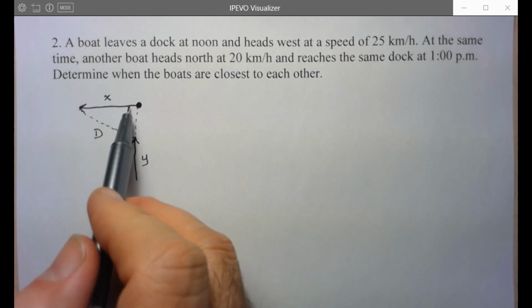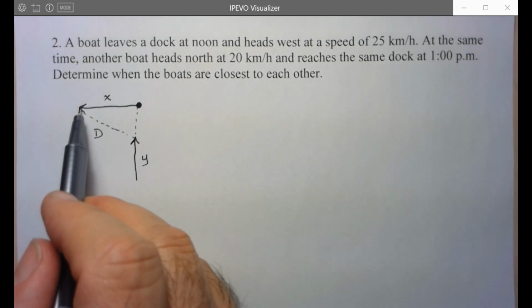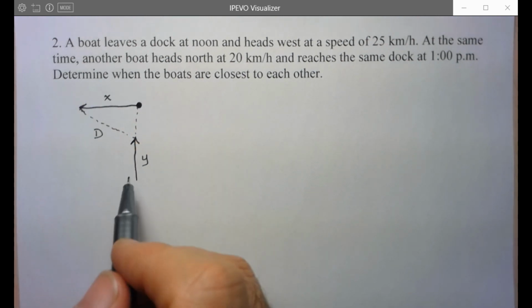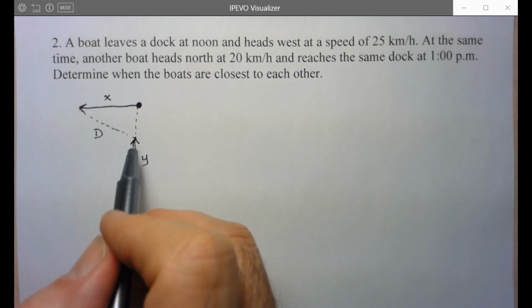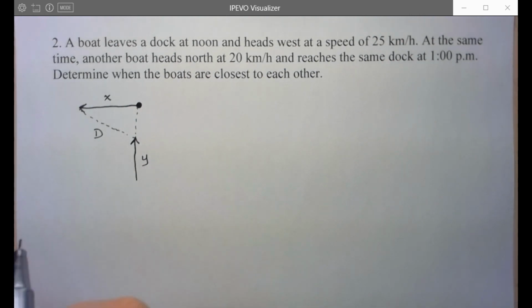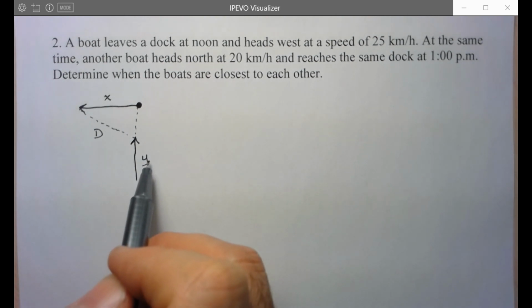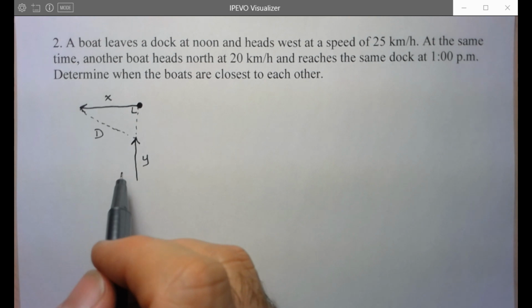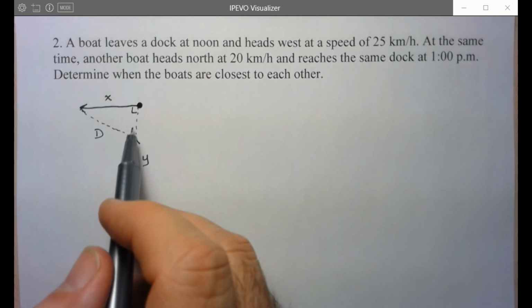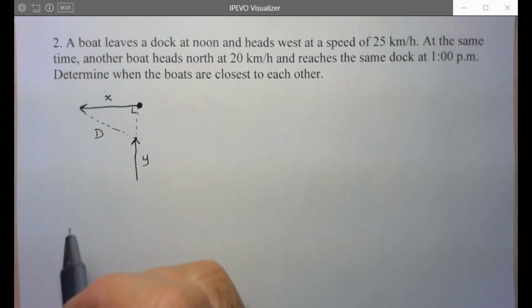Because this side length here is made up of the distance traveled by the first boat, but this second distance in my triangle, okay, is not the distance traveled by the boat itself. So we're going to have to find a way to hopefully use this value y to come up with a formula for that side length. Because if I do find a formula for this side length, then I can connect these three things using Pythagoras.